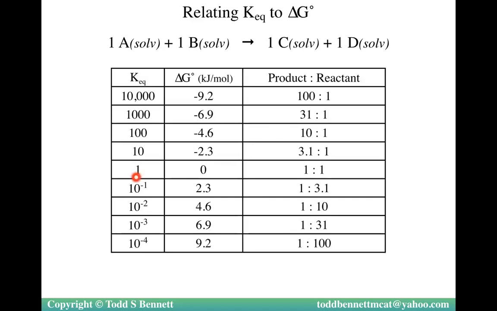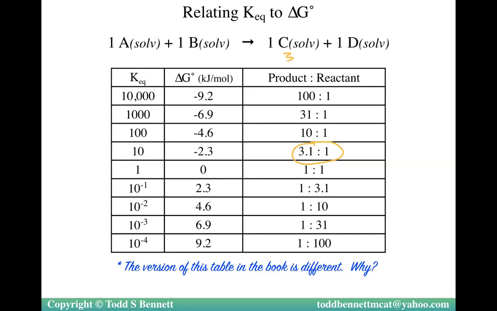If you have a K equilibrium of 1, your delta G is 0, because plugging into that equation, natural log of 1 is 0, so it's got to be 0. You need your product ratio 1 to 1 on each side. One point of interest, my table is different if you happen to be looking at the one in the book, and the reason being, I believe the person in the book forgot to square what they have to do. So let's say, for instance, we have this number right here.